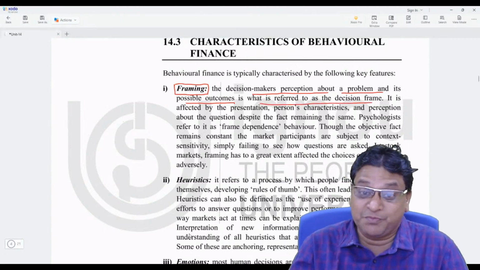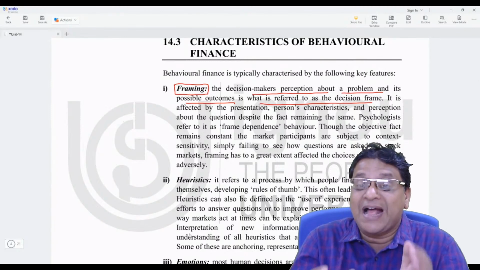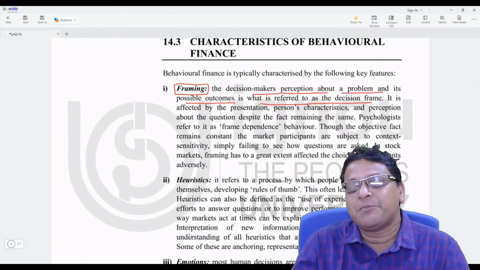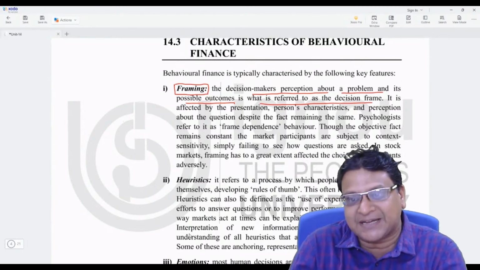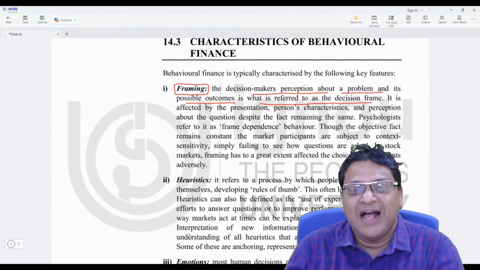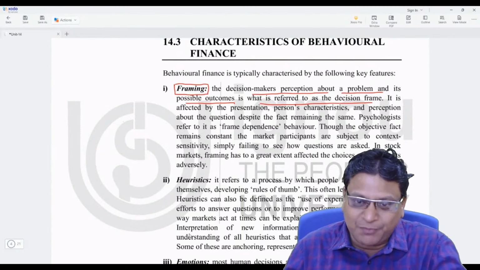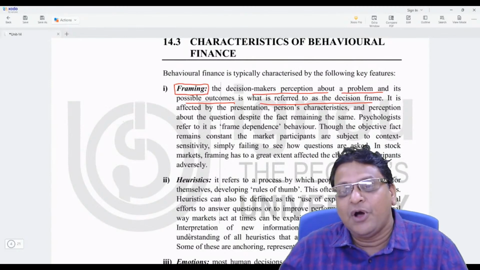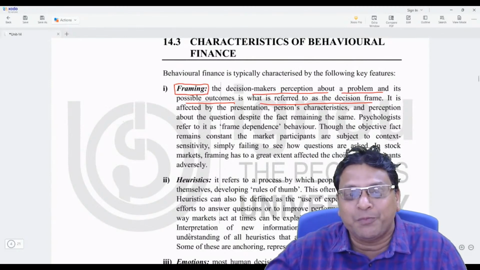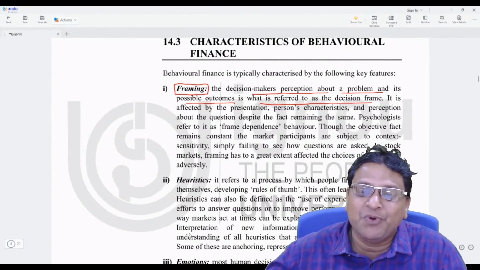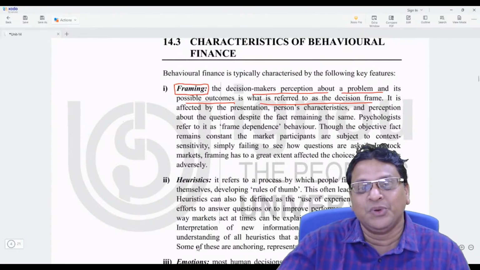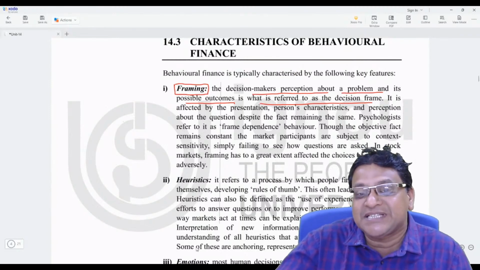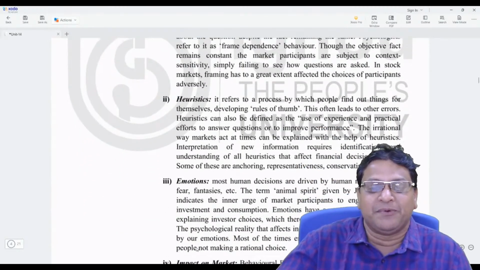The decision maker has a perception about a problem. His perception has an impact on his decision. So the impact of the perception of the decision maker on the problem and its possible outcome is the decision frame. So we will study decision framing in behavioral finance.